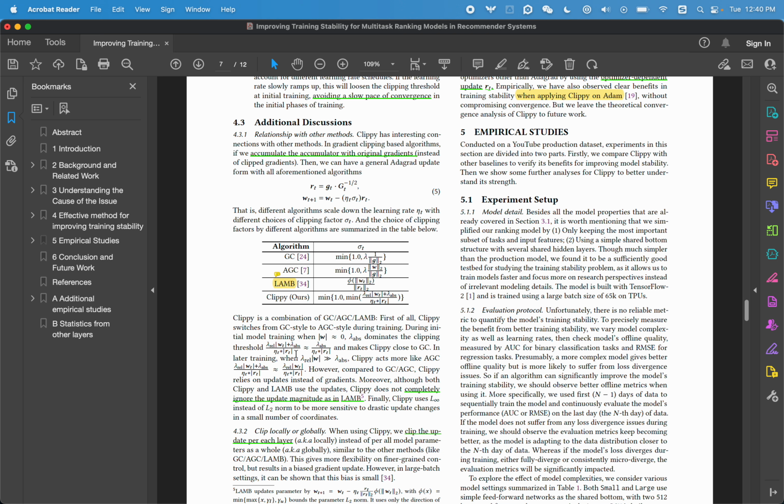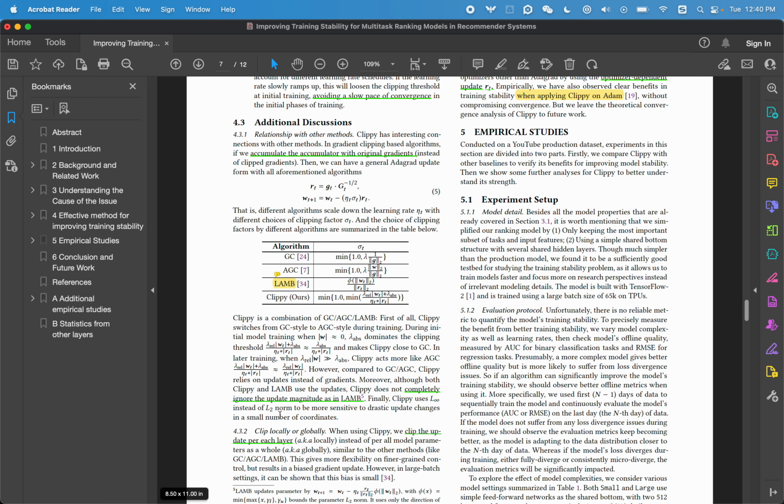The only remaining value will be a very small lambda value, so this part will be close to zero and this part is close to the lambda value. So it's only scaled back by lambda, by the update, which is close to how GC works.